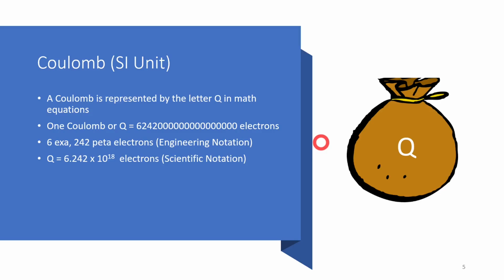Remember, 10 to the 18th is just 1 with 18 zeros behind it multiplied by 6.242. So that is, again, a way of denoting this extremely large number.